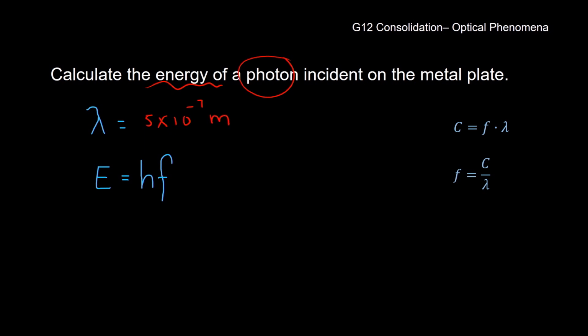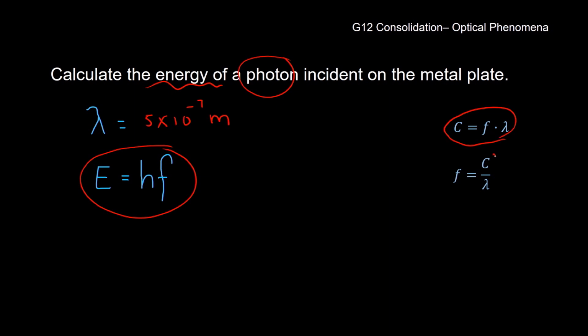What do we know about the energy of a photon? We know that its formula is this: energy of a photon is equal to Planck's constant times frequency. Do we know what its frequency is? No, we've only been told the threshold frequency of potassium. But what we do know is that the speed of light is equal to frequency times wavelength.